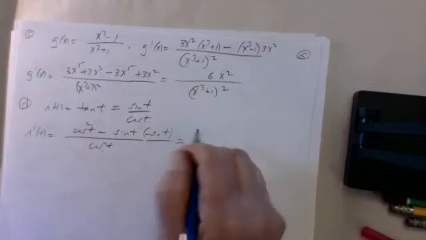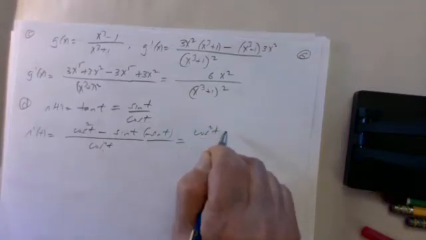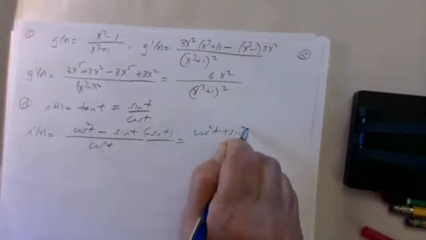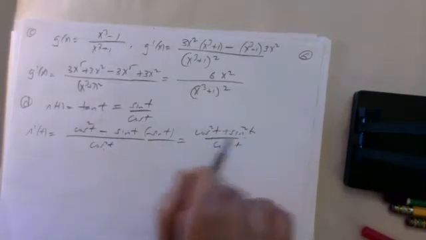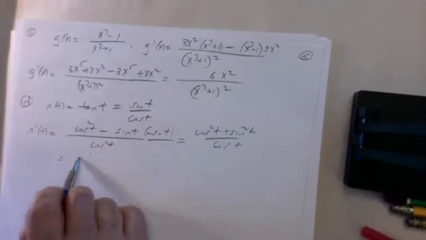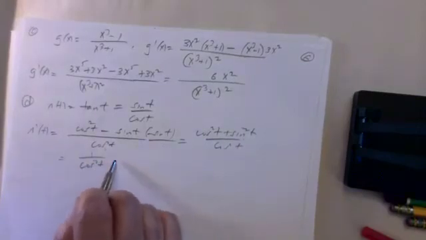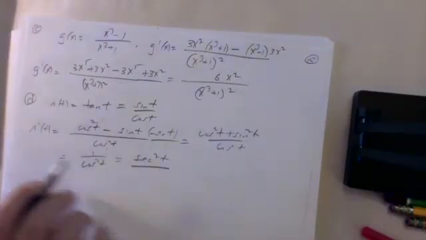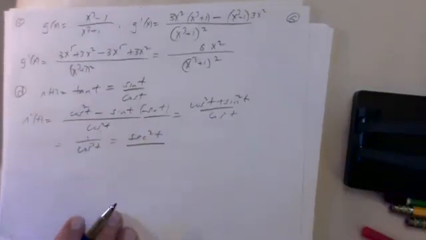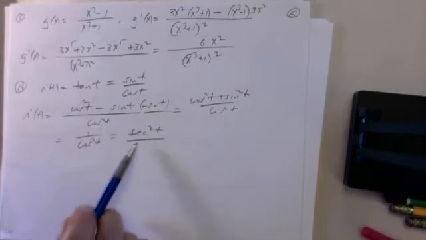So minus times minus is plus, cosine squared t plus sine squared t over cosine squared t. Cosine squared plus sine squared is 1, and 1 over the cosine is the secant. So the rule you usually remember is the derivative of the tangent is the secant squared.